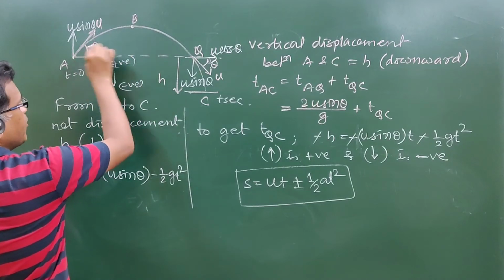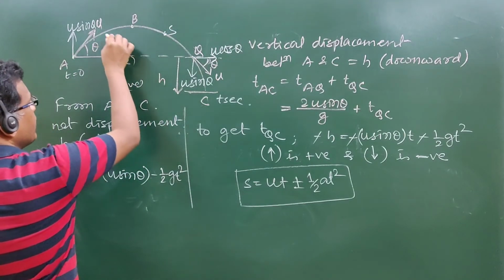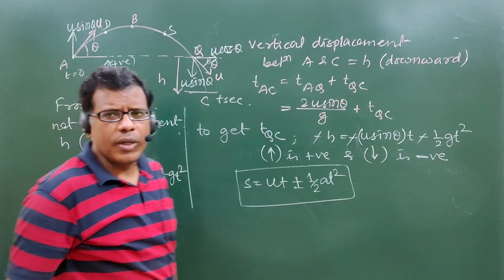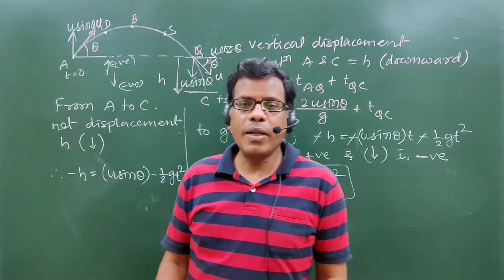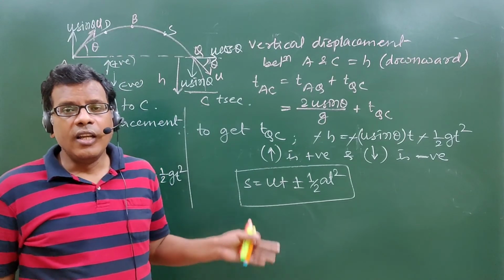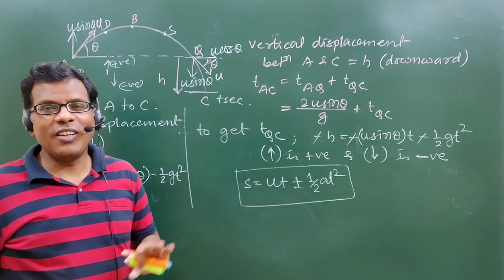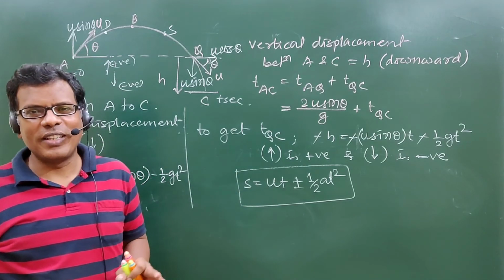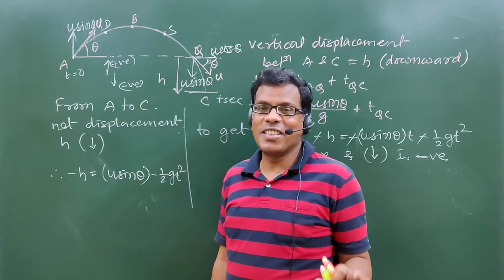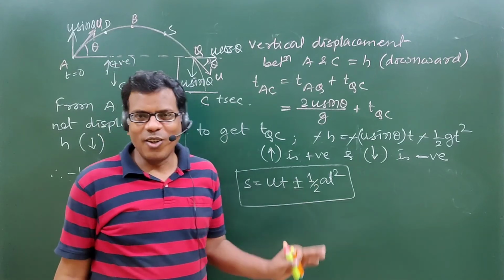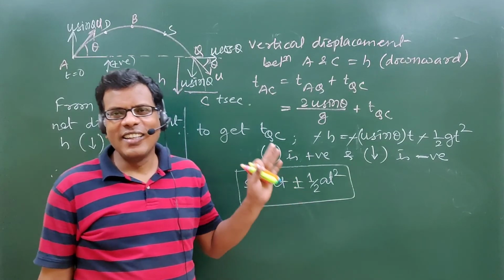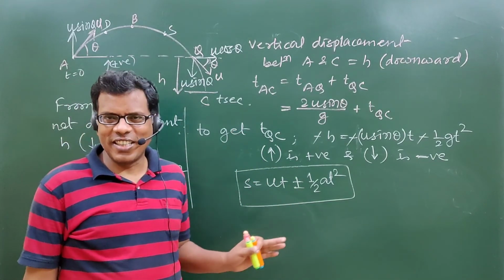Suppose between A to B, between A to any point S, between A to any point let it be D. Okay, so between any 2 points, wherever there will be a time of journey to be calculated, either they are intermediate points or they are the initial and final points, if vertical separation is available between them, you can definitely use S is equal to ut plus half at square along vertical, where S will be along vertical line, U will be along vertical line, and G will also be appearing along the vertical line, right?